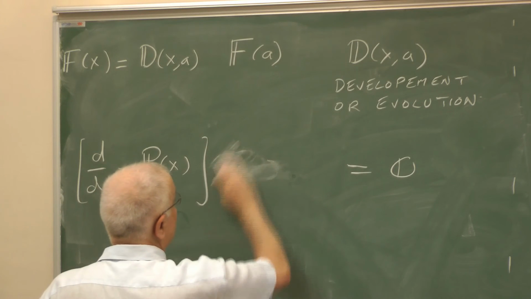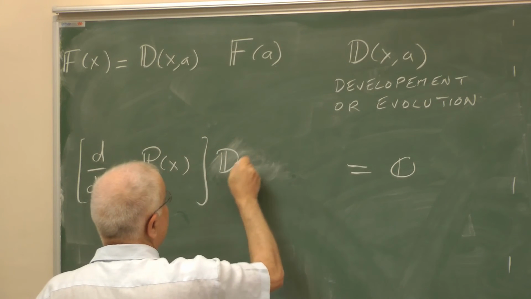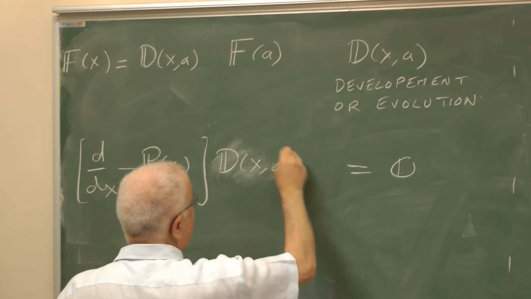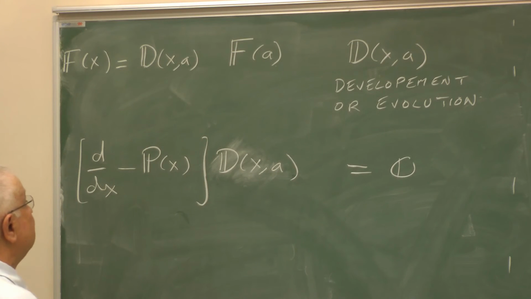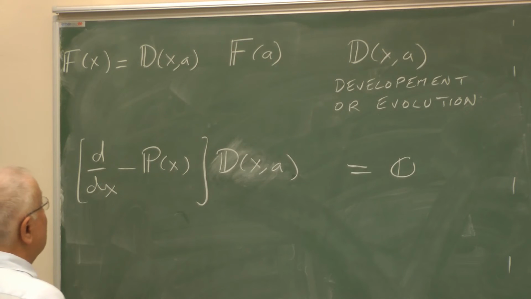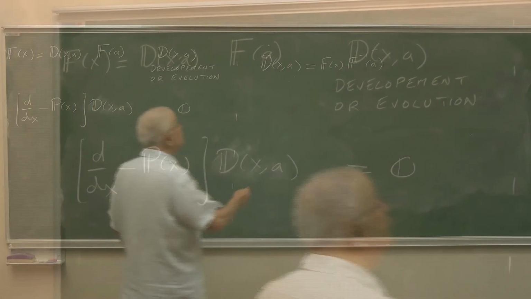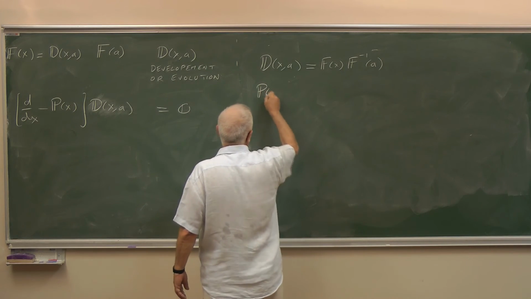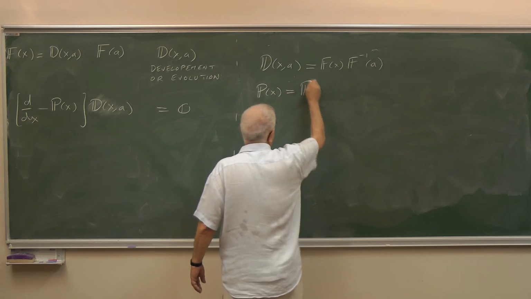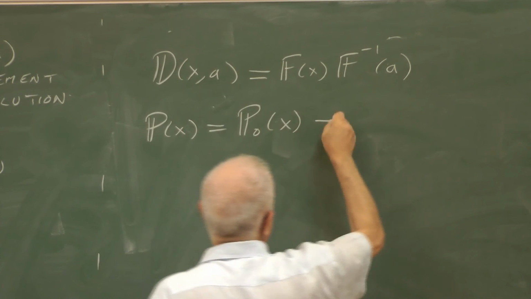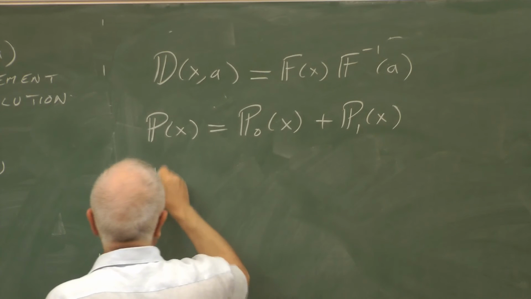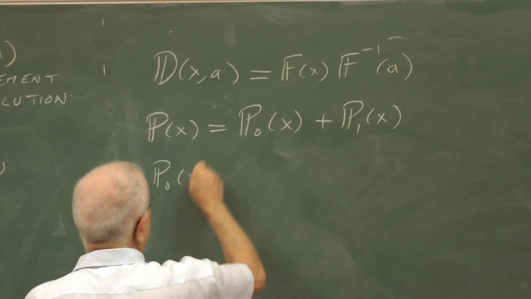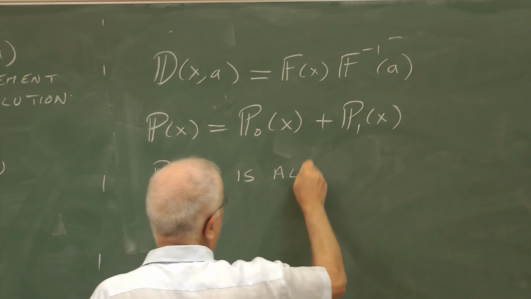So d of x a would also satisfy. Now, my approach is I will assume p of x is composed of two parts, p0 of x plus p1 of x, and p0 is already solved.